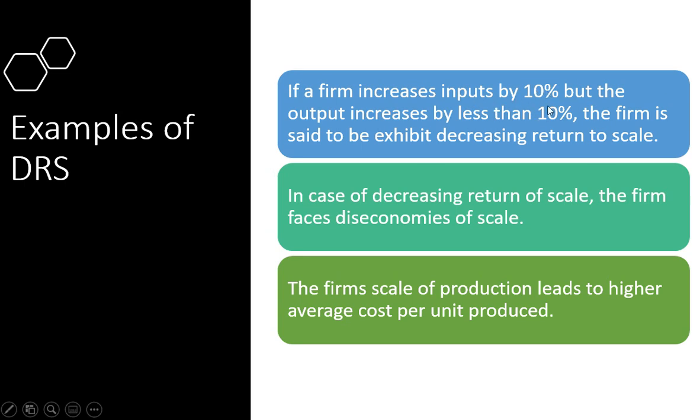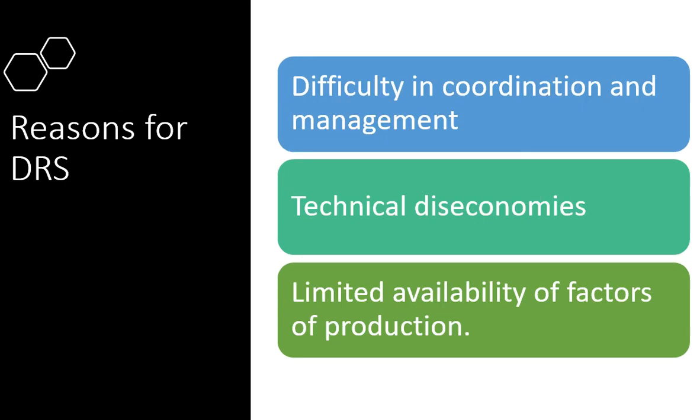As you can see, if you increase your input by 10% and your output increases by less than 10%, there is more change in input but less change in output. That is called decreasing return to scale. And what are the reasons behind decreasing return to scale?